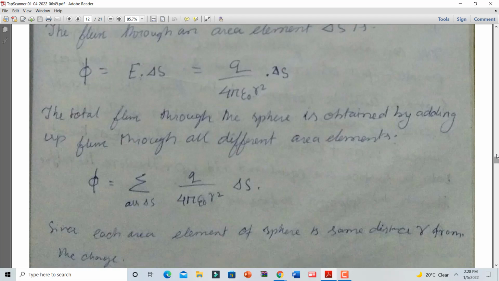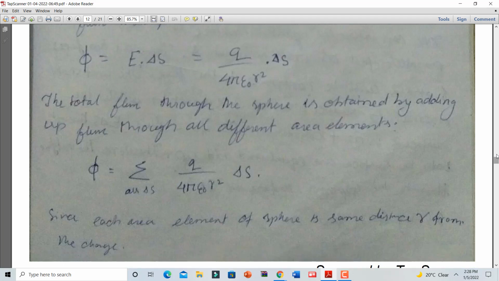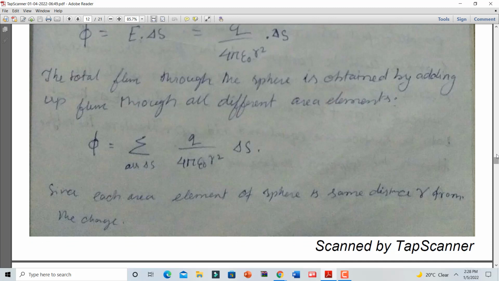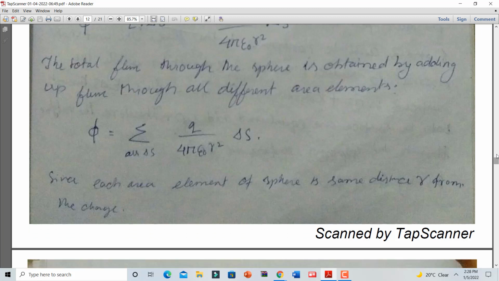Then we have Q by 4 pi epsilon naught r square into del S. Therefore, the total flux is given by summation of Q by 4 pi epsilon naught r square into del S.